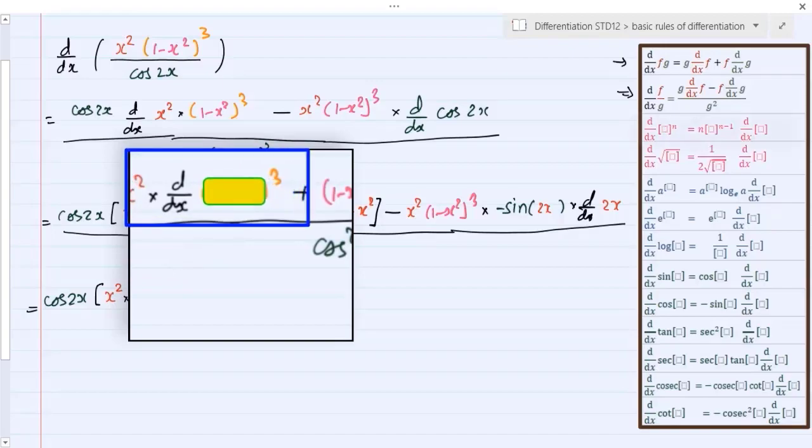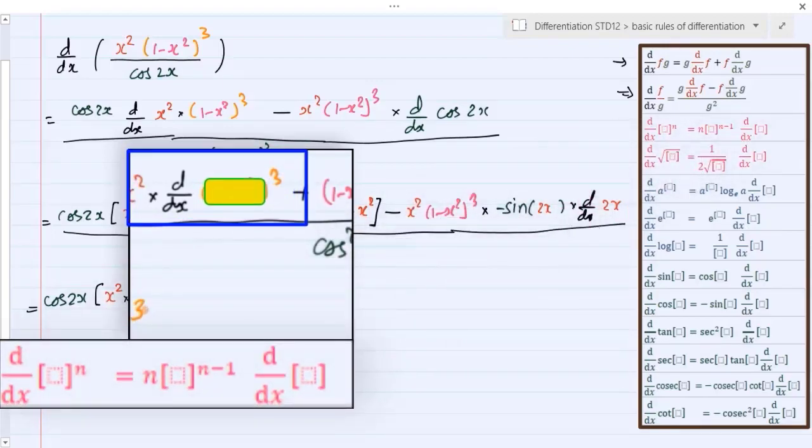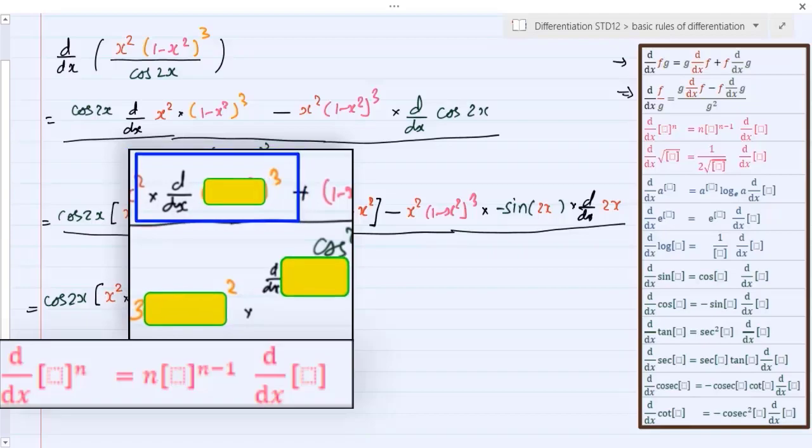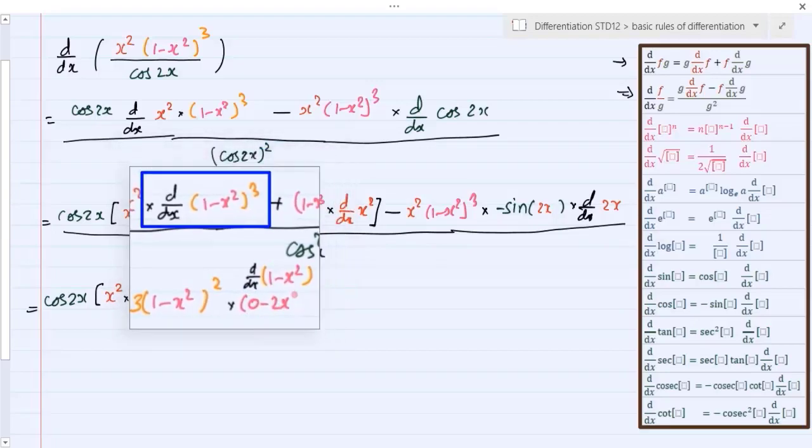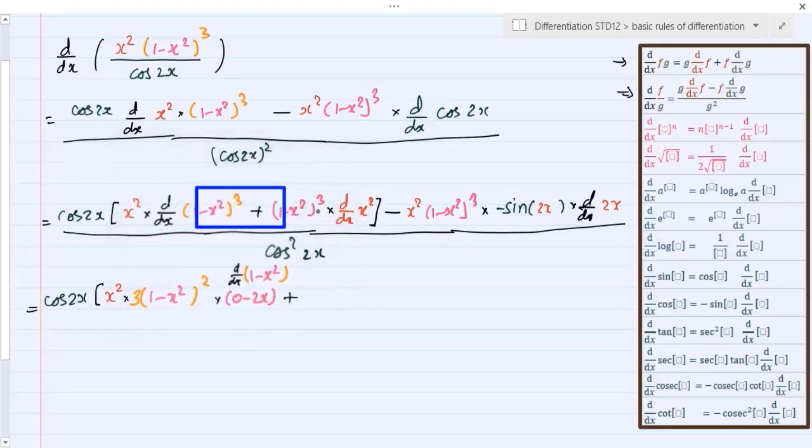So let's differentiate box cube, which is 3 box square into d by dx of your box. Within the box we have 1 minus x square, so we have to multiply differentiation of 1 minus x square, which is 0 minus 2x, plus 1 minus x square the whole cube is as it is.